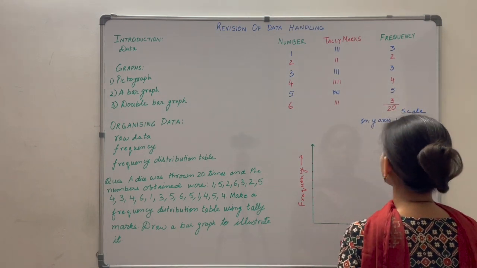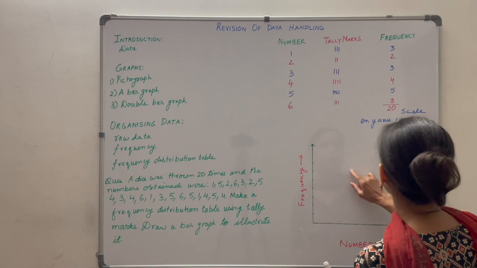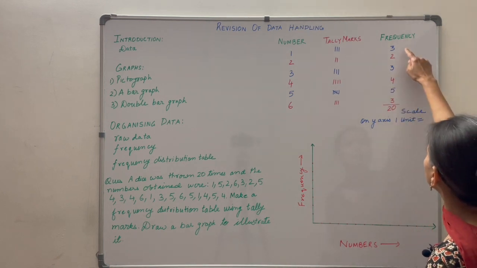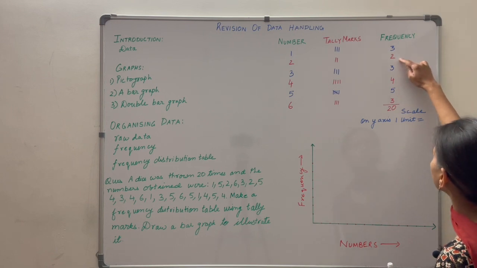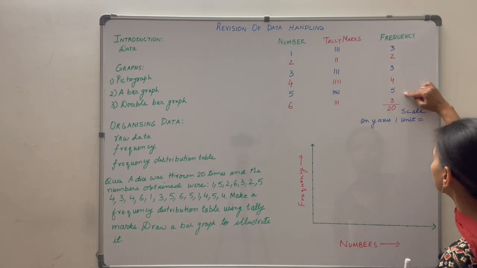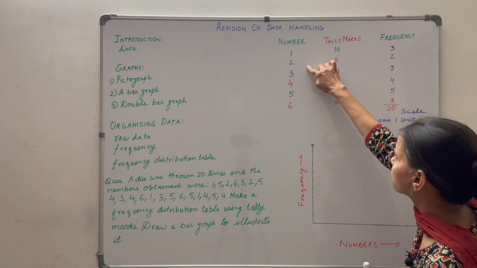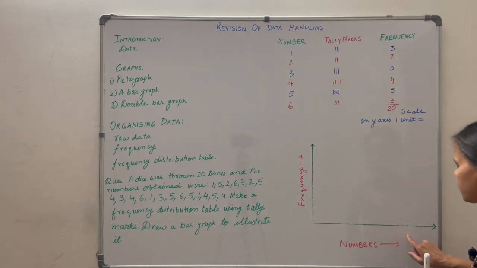Now you have to draw the bar graph. To draw the bar graph, you need to see the frequency numbers here. So it starts from 2 and goes to a maximum of 5. The numbers you plot on the x-axis.